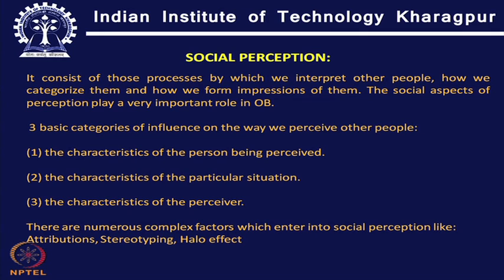Social perception consists of those processes in organizations by which we interpret people, and then how we categorize them and we try to form certain impressions of them. The social aspects of perception really play a very important role in organizations in person perception. So, when we are talking of social perception, actually there are three actors in the situation.